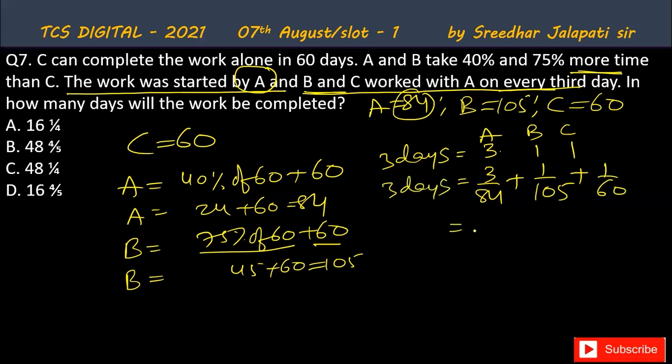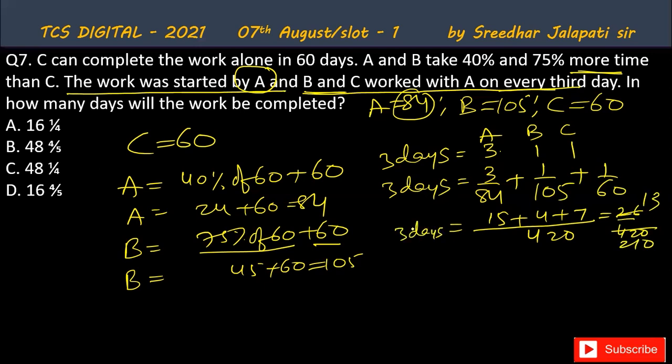If I simplify this further, the LCM of all these numbers is 420. 84 goes 5 times, so 5 into 3 is 15, plus 105 goes 4 times, 4, 60 goes 7 times, so 7. This is 26 by 420. If I simplify, 13 by 210. This is 3 days work. So for every 3 days, they complete 13 by 210 part of the work.